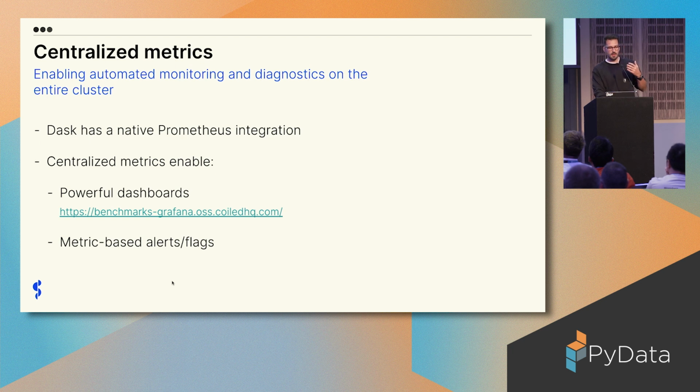Now, with metrics, we not only can create beautiful dashboards, but we can also use that to create alerts or to create flags that tag clusters and tell us proactively that something might be going wrong. So in that case, it might be nice to have an alert that tells us as soon as some worker goes above, say, 95% of disk usage, that we should look into this because this might hit a threshold where things will just not work anymore.